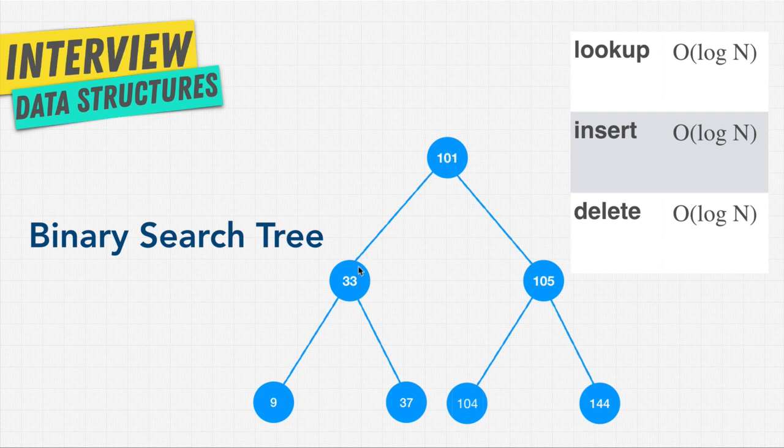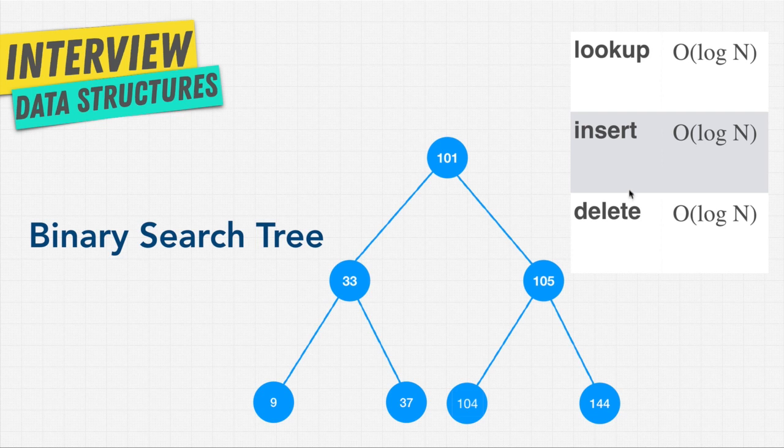Yes. Okay, then go to the left. Is 33 less than 37? No. Then go to the right and I find 37. I don't have to iterate in a linear fashion through each node. And that is what lookup means. Lookup simply means that I can search for an item a lot faster than, let's say, an array where I have to iterate and loop through every single item.